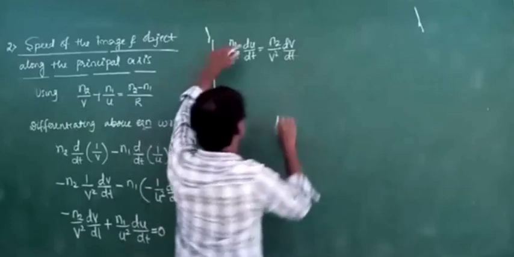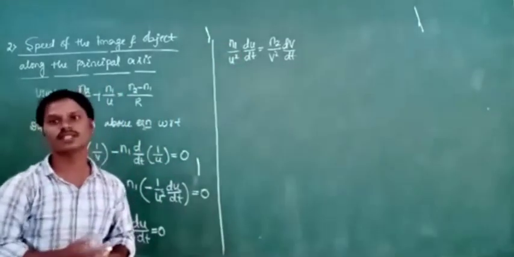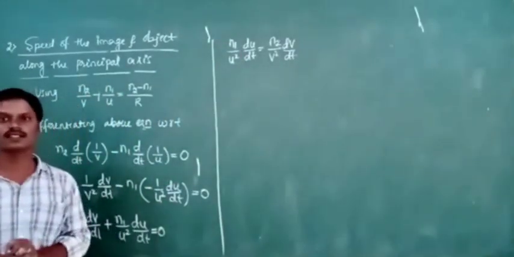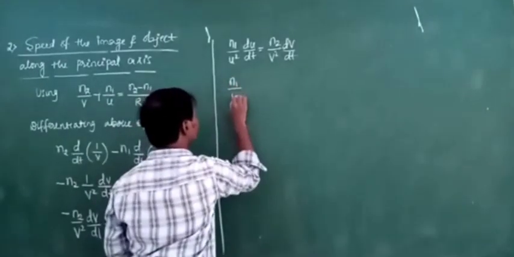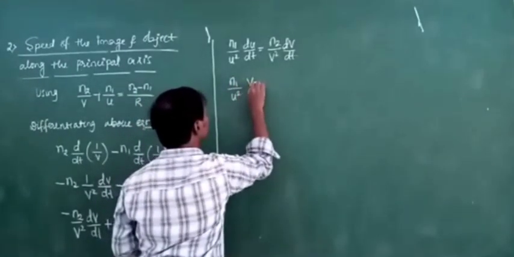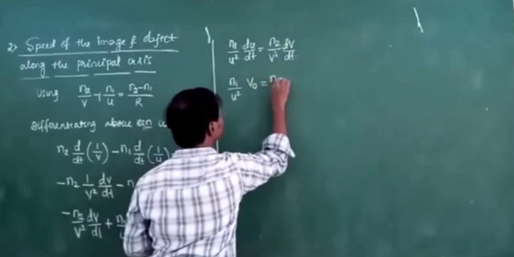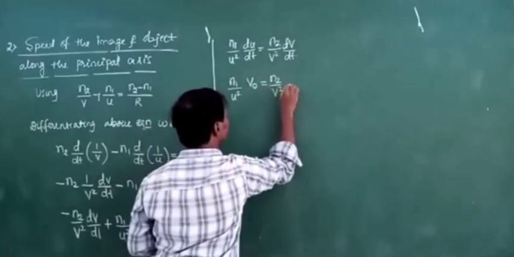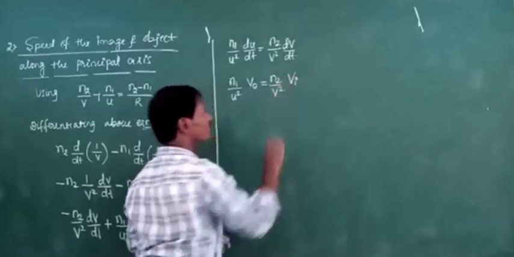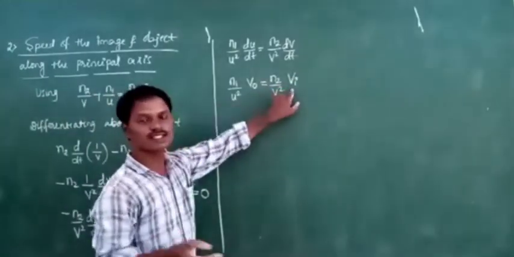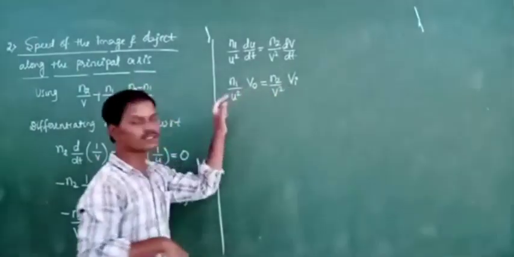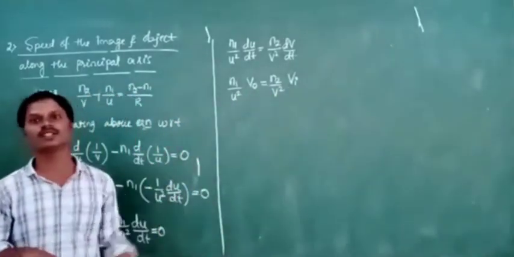Then what is du by dt? du by dt is nothing but object speed. dv by dt is nothing but image speed. I will write n1 by u square vo equals n2 by v square vi. What about vi? vi is the speed of the image. What about vo? vo is the speed of the object.